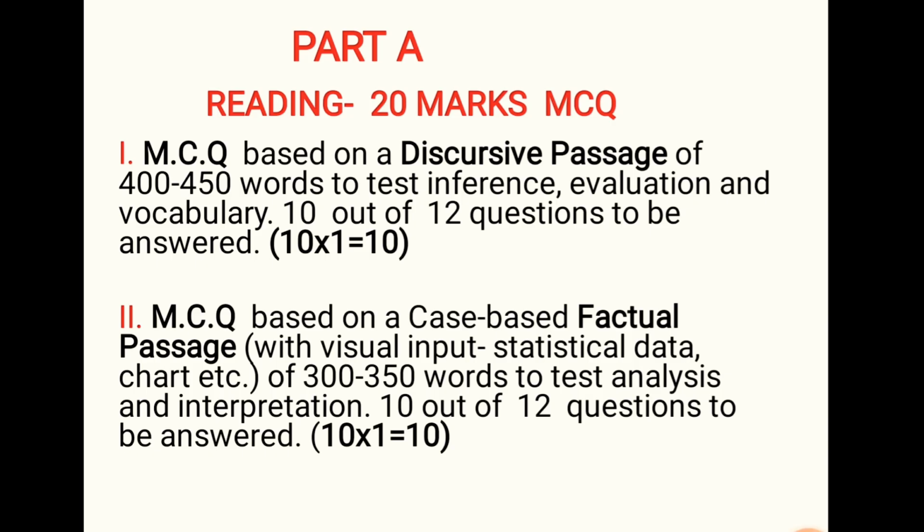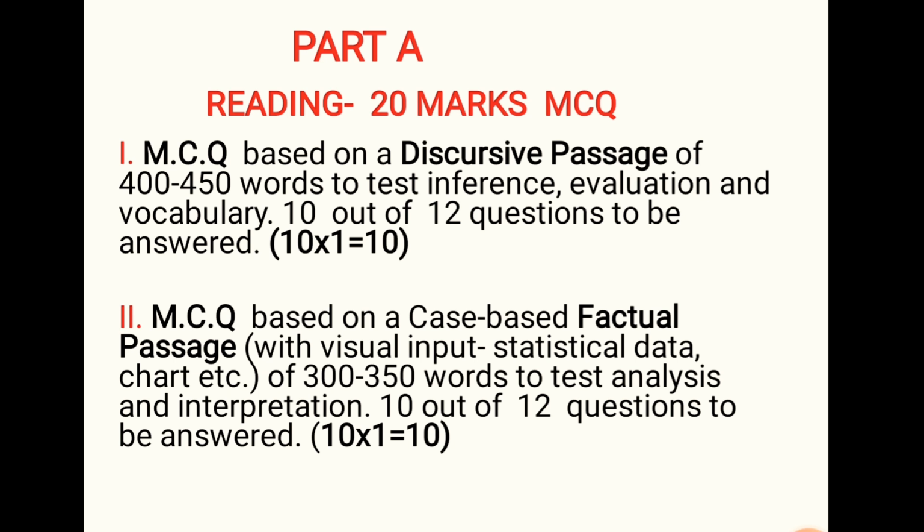Now let us move on to the question paper which has fixed questions. Now the question paper is very easy to analyze. Look at question number 1 and 2. Both of them are reading passages wherein 12 questions will be given and students will appear for only 10 out of 12 questions.